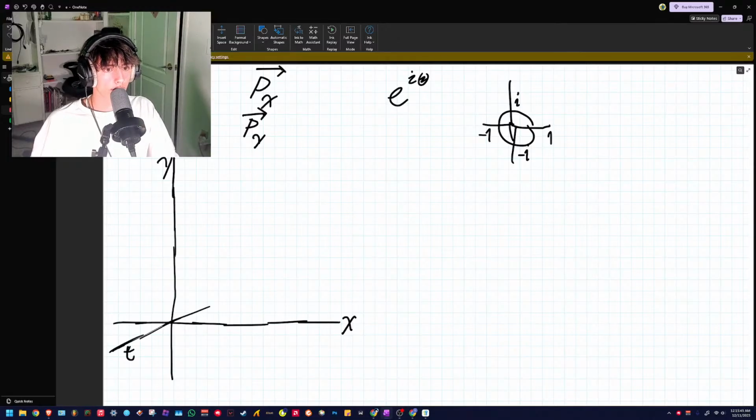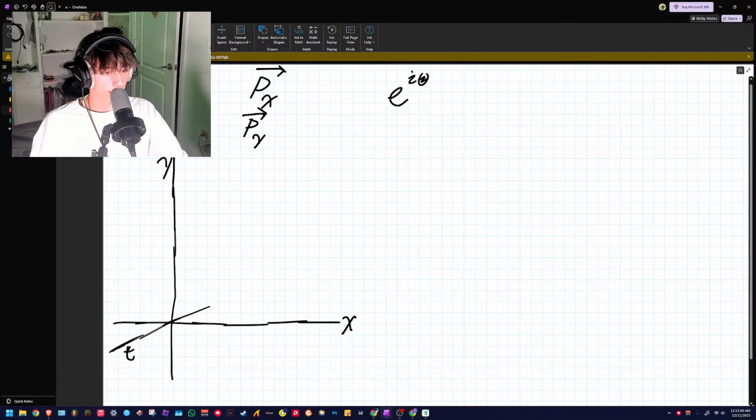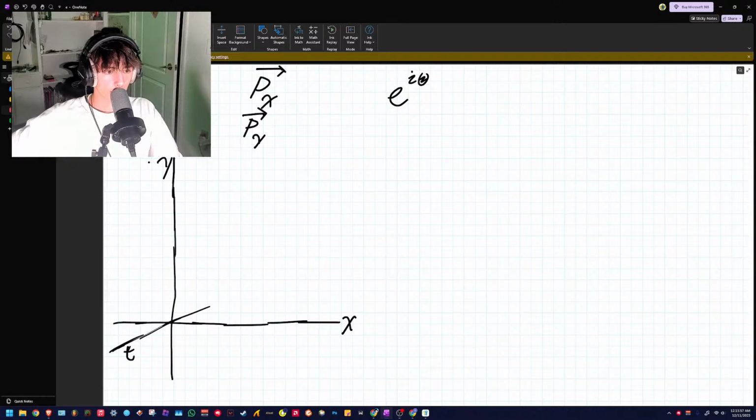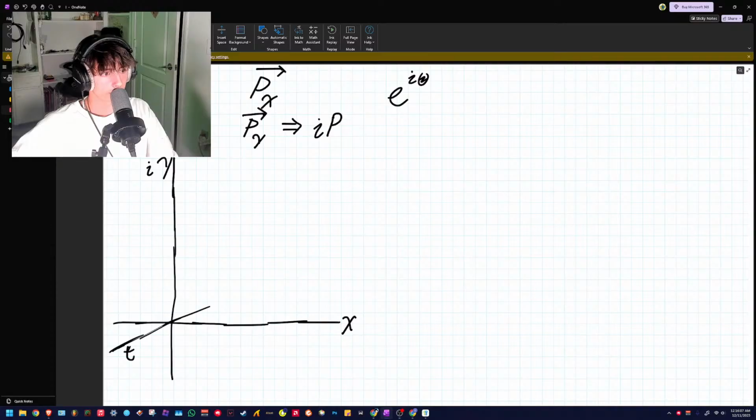So instead of having the y-axis, what we're going to do is actually switch over to the iY. So essentially anything on the i-axis is going to be anything on the y-axis. So P of y is now going to be i P of y. Perfect.